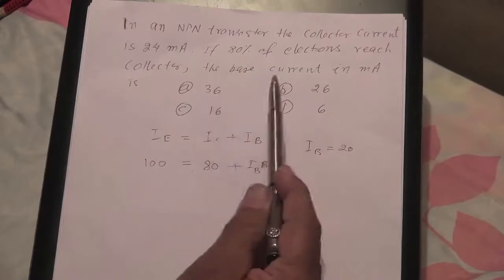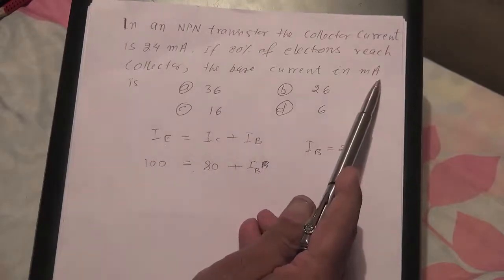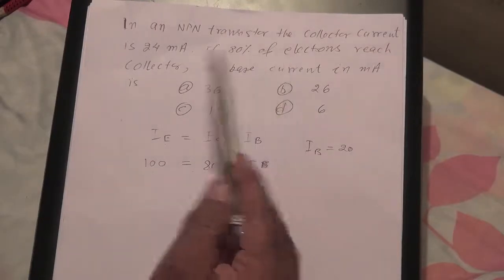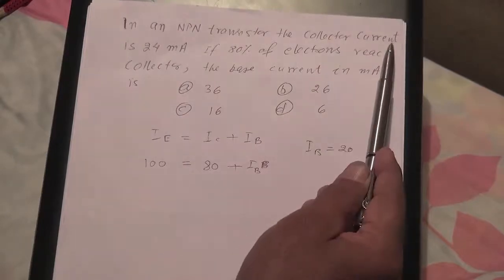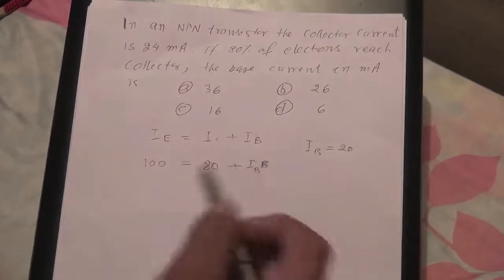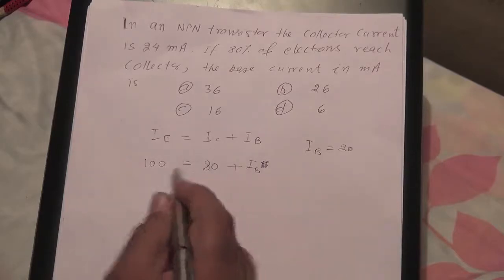Now, the base current in milliampere. What is given to us? That 24 milliampere is the collector current. In our equation, 80% is the collector current.